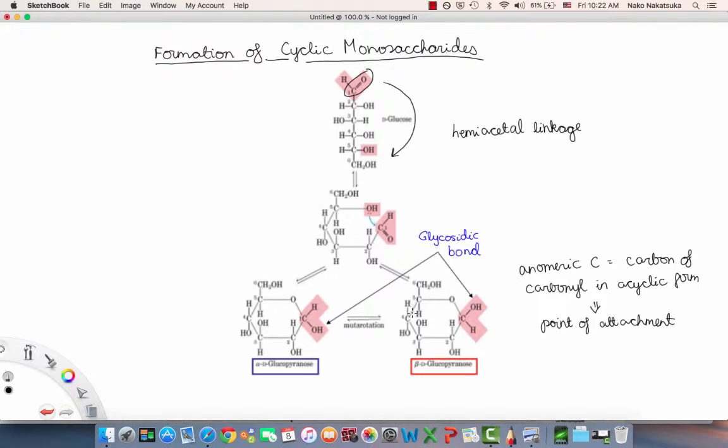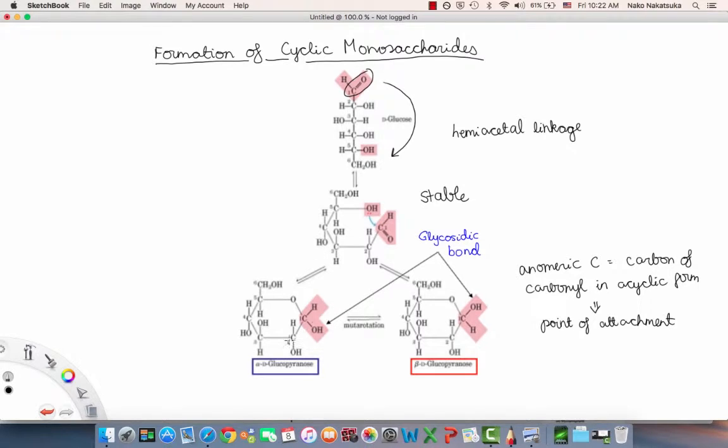And so basically, many acyclic monosaccharides are in equilibrium with more stable cyclic isomers. So as you can see, this arrow goes back and forth, saying that it's at equilibrium with these cyclic monosaccharides. So since this guy is more stable, the acyclic form actually prefers to be like this.